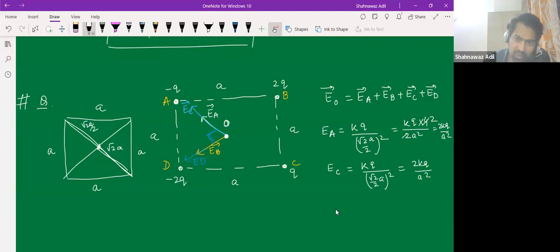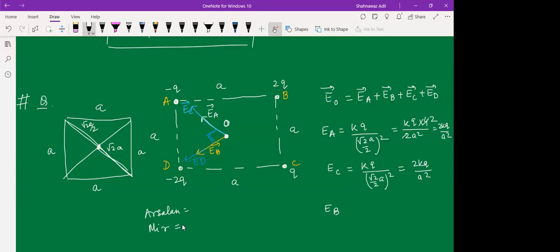What is the magnitude of EB? You guys calculate and tell me what the magnitude of EB is. Because we have done the Coulomb force, so we know. Electric field due to B at O. Sir, EB is equal to K 2Q by root 2a by 2 whole square.